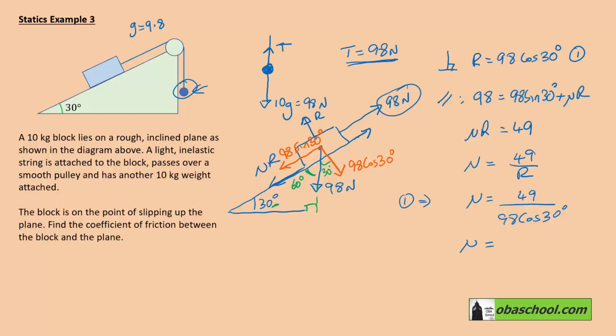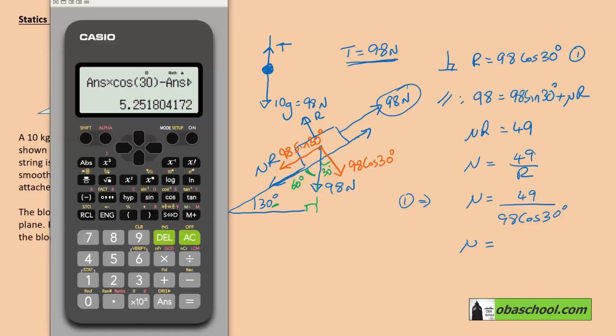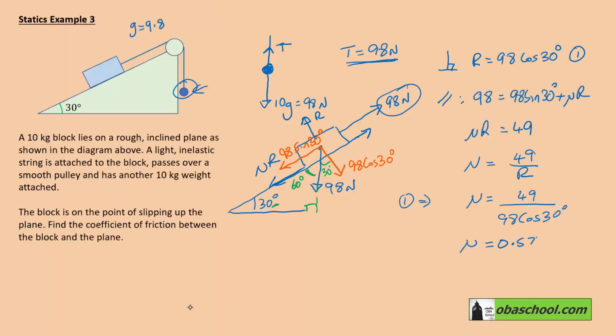And that we just need to calculate. So we've got 49 divided by 98 times cos 30. And that is 0.577, correct to 3 decimal places.